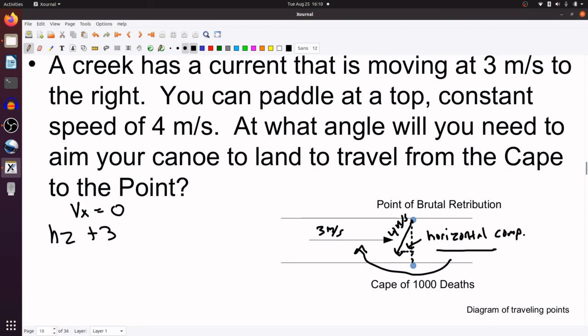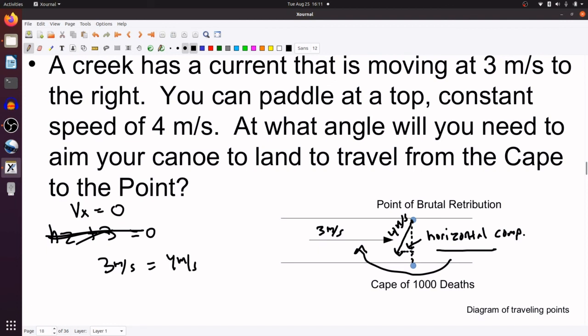I know one's going to be plus, one's going to be negative, must equal 0. So basically, to make it a little more clear, I want to take my 3 meters a second and set that equal to my horizontal component, which will be 4 meters a second.